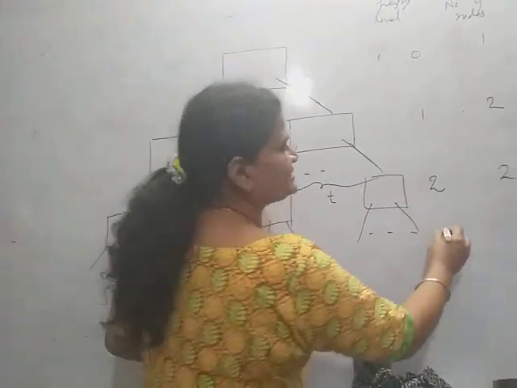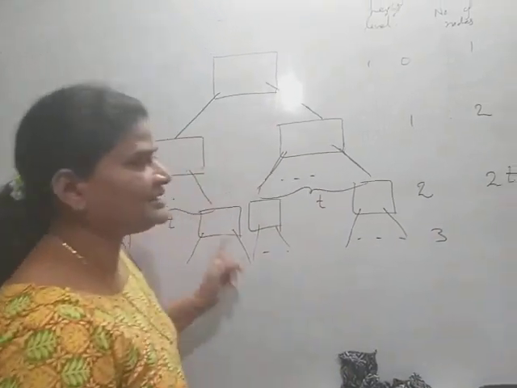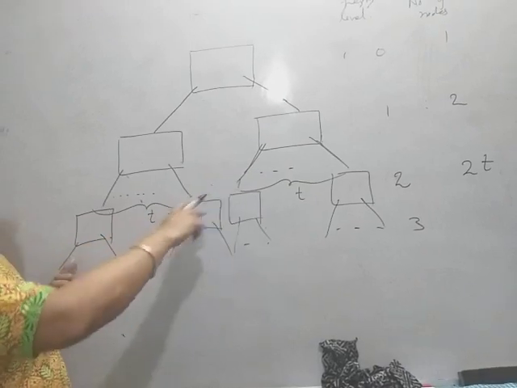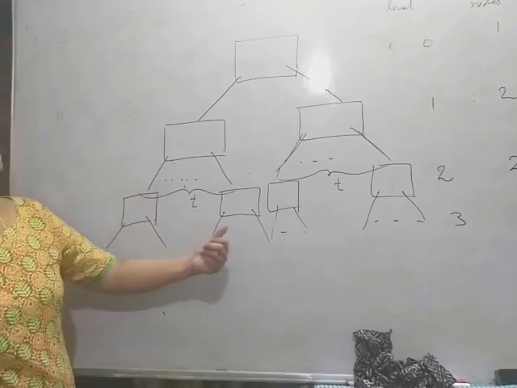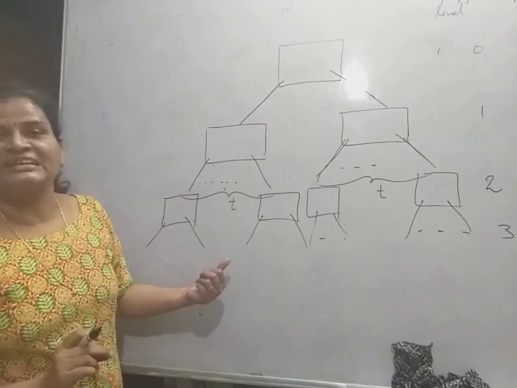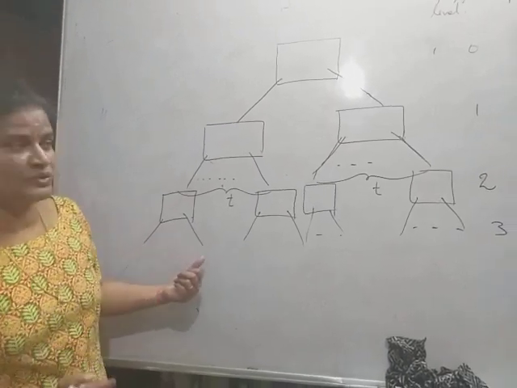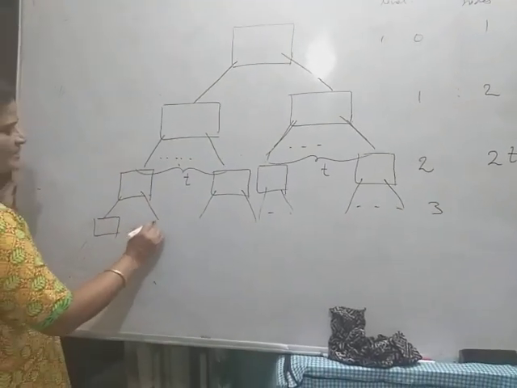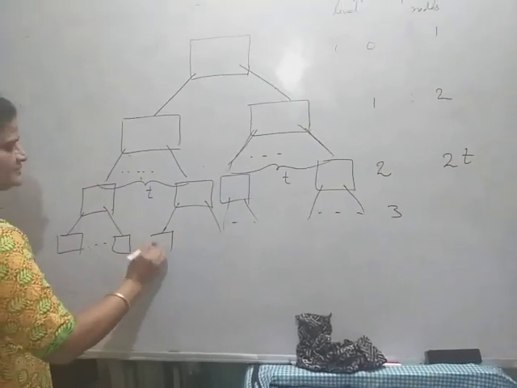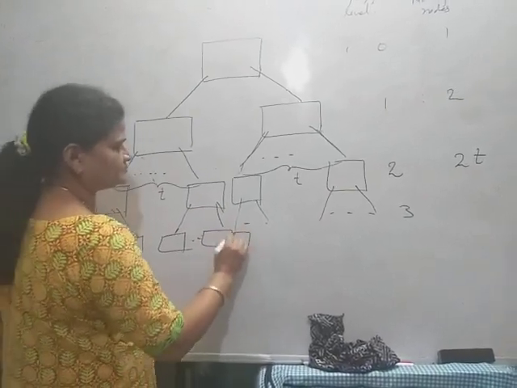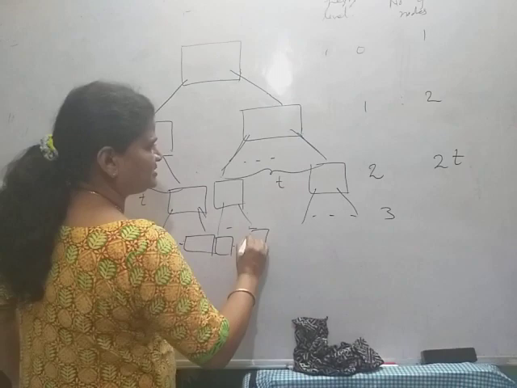So at height 3, there are simply 2t number of nodes, and every node contains t number of children. So at height 3, the same is here.